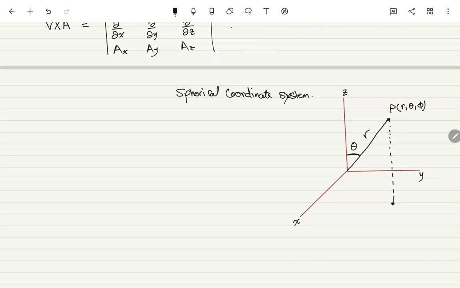Now the new position vector, this one right here, has an angle phi. So to represent a sphere, the three coordinates we should consider are r, theta, and phi: in Cartesian, x, y, z, and in spherical, r, theta, and phi.